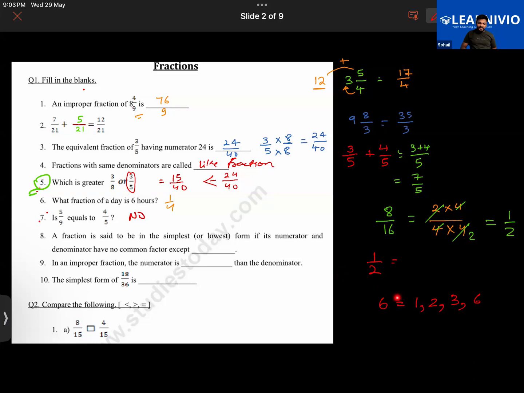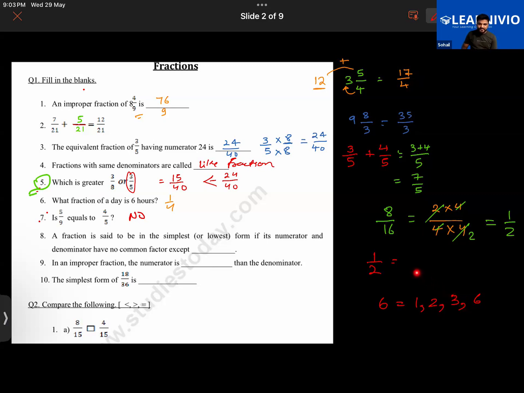Factors are the numbers by which it gets divided and leaves a remainder of 0. Meaning that 6 can be divided by 1, 2, 3, and 6, and in all cases the remainder left will be 0. So that is called a factor.